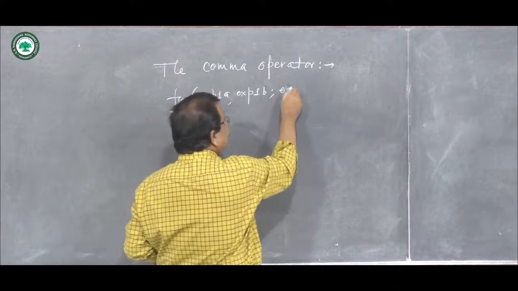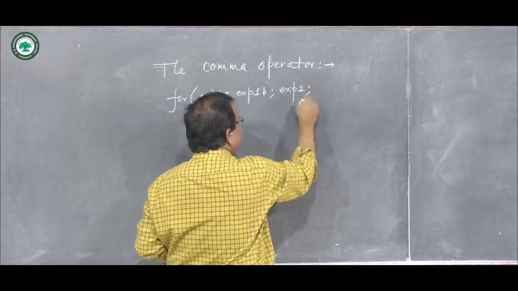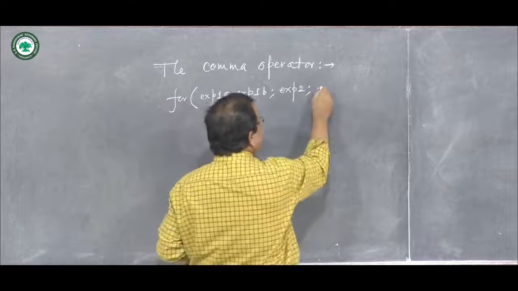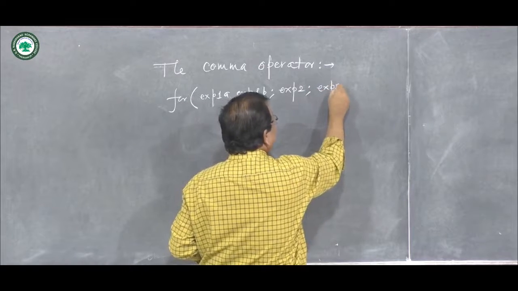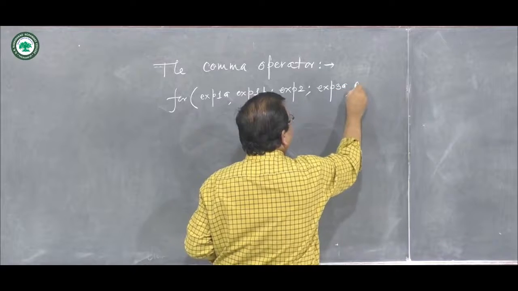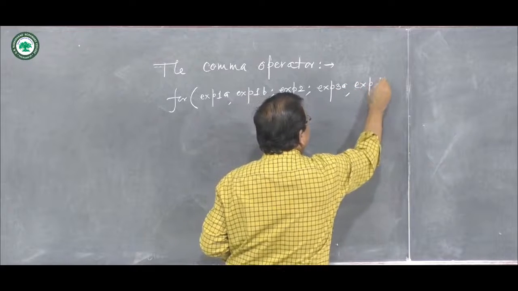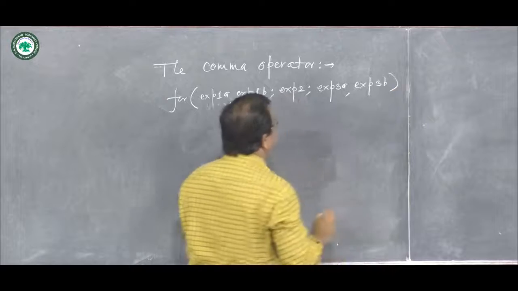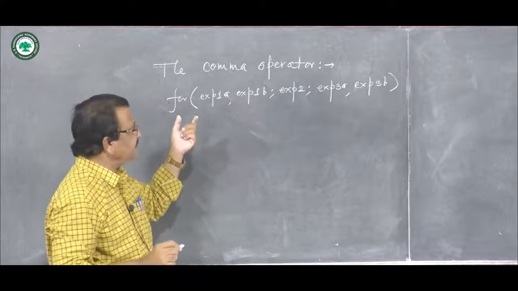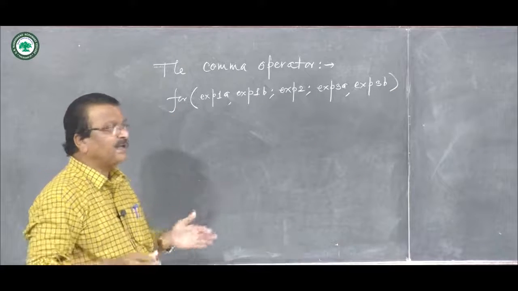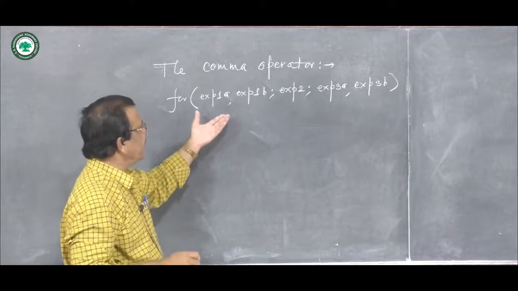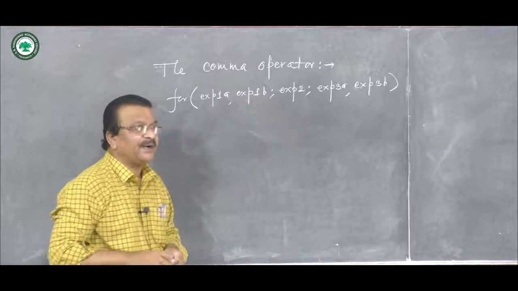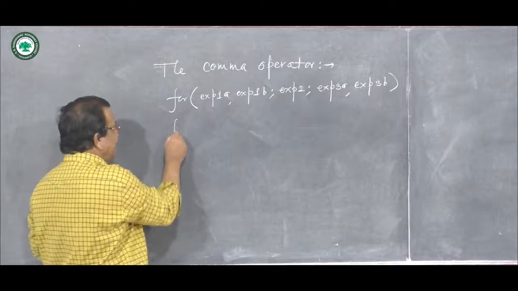Expression 2, which is the test condition, will appear here, and then semicolon. Instead of expression 3, expression 3a, comma, expression 3b. So in a section where ordinarily a single expression occurs, more than one expression will appear, separated by commas.